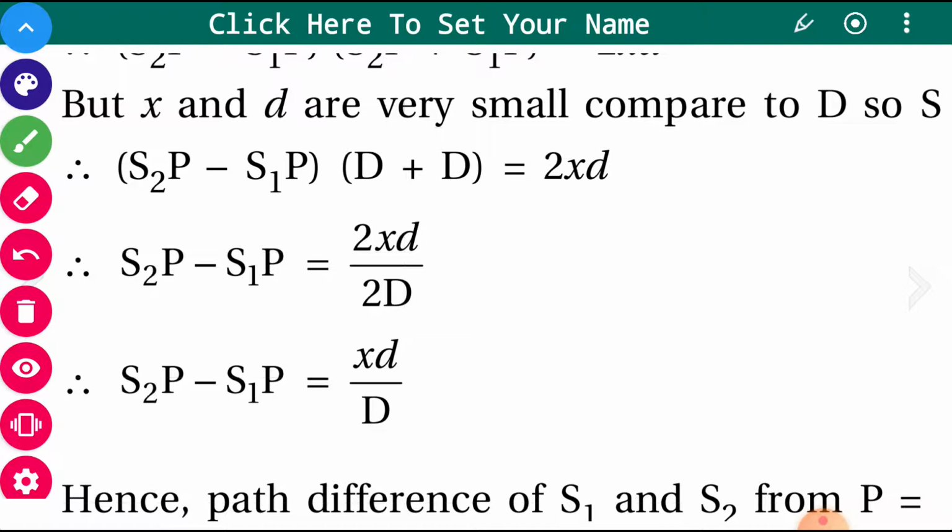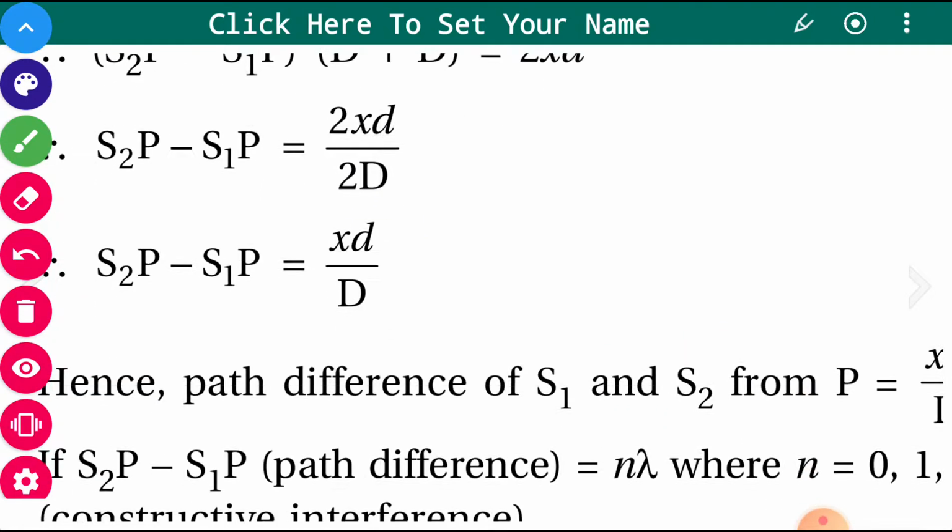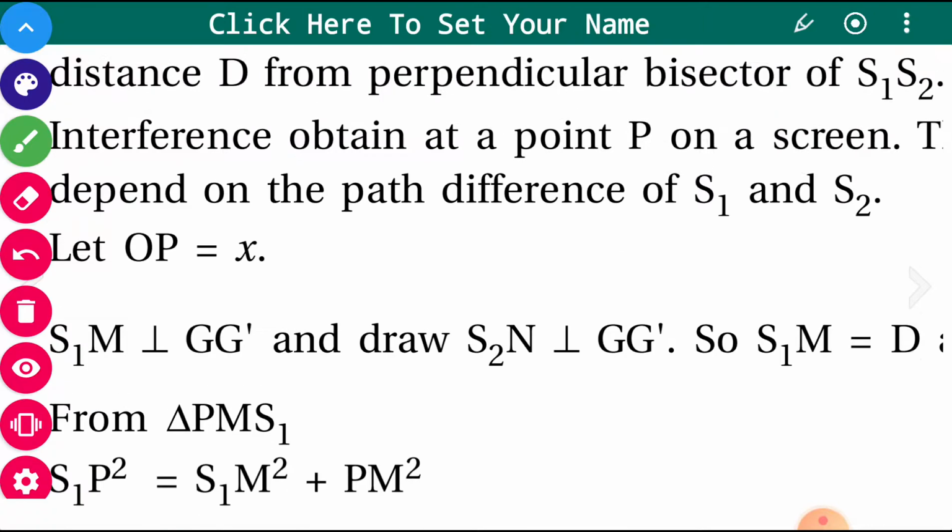Here we can cancel these two, so it becomes xd upon capital D, and S2p minus S1p is the path difference.